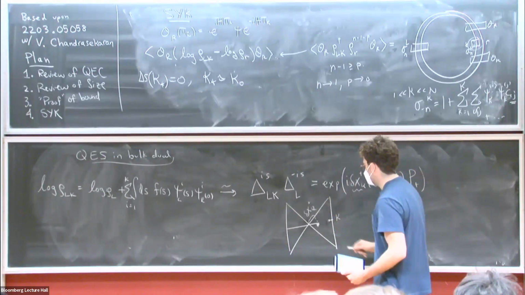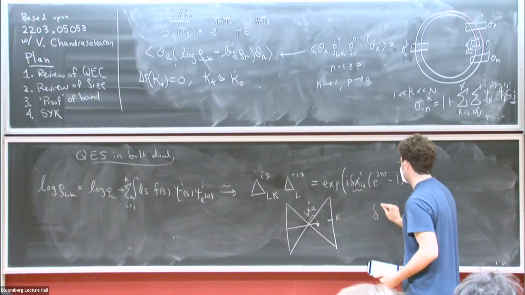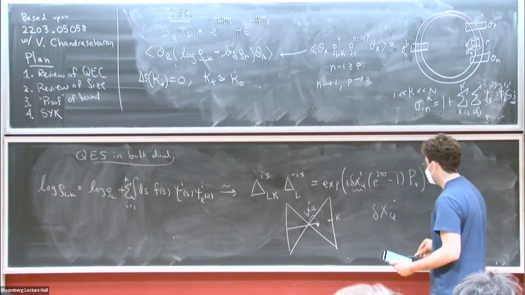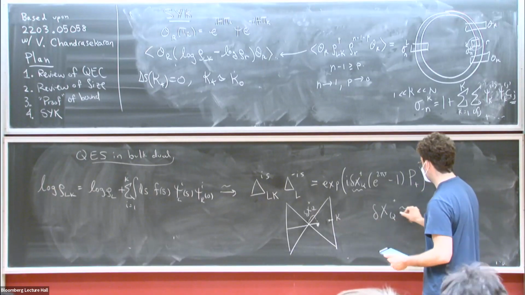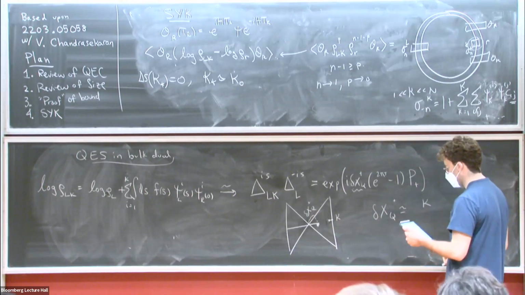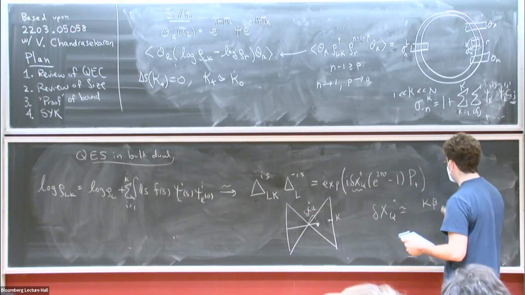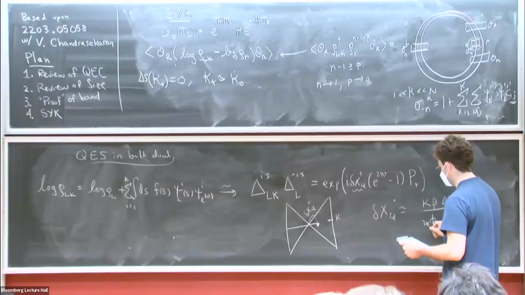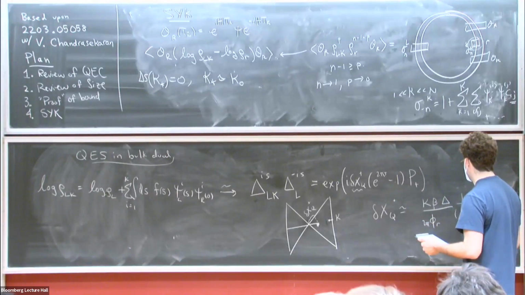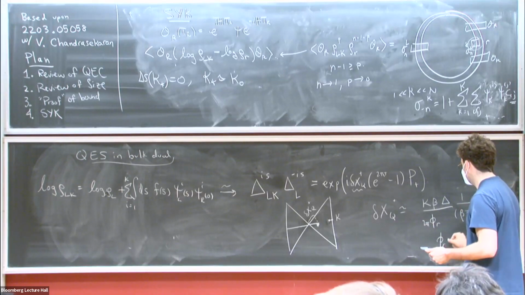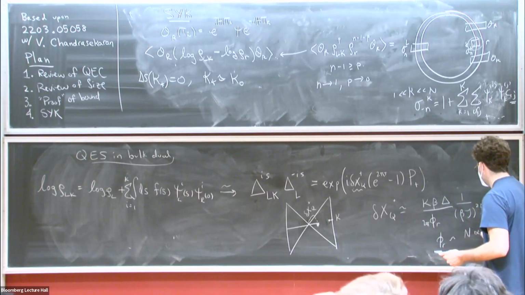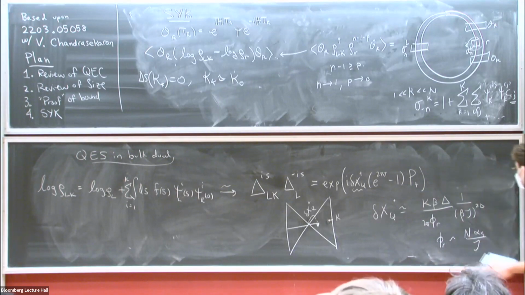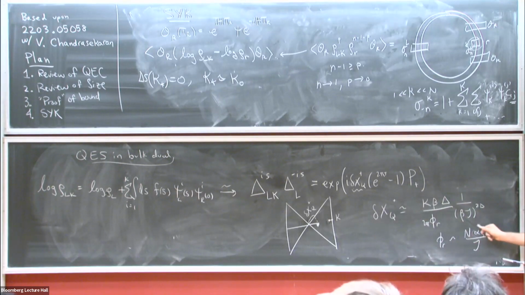The answer that we get, delta X quantum at large beta J, looks like K times beta times delta over 2 pi phi r times 1 over beta J to the 2 delta, where phi r here is related to the boundary N over the coupling times this Kortzian coupling factor.